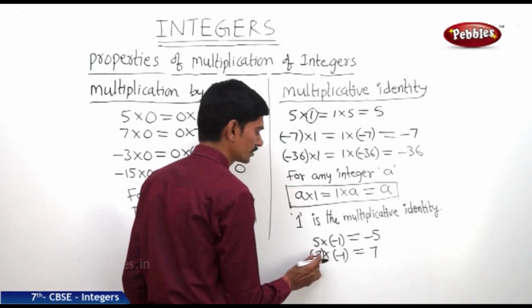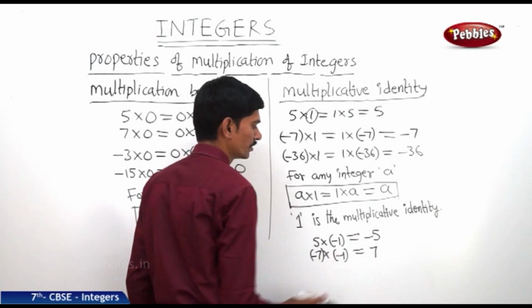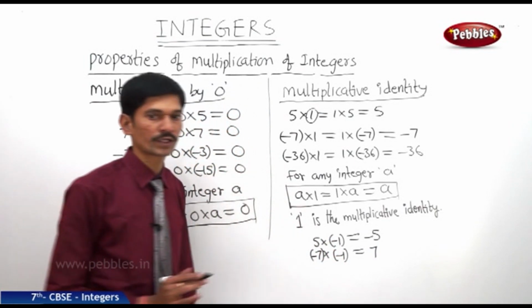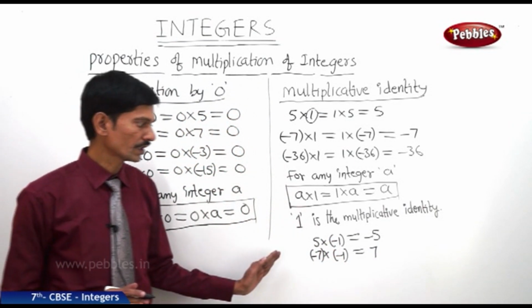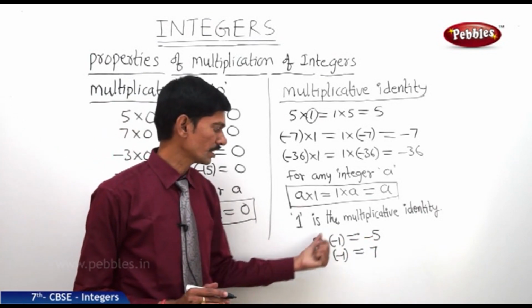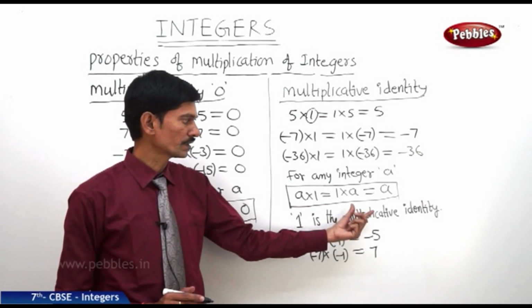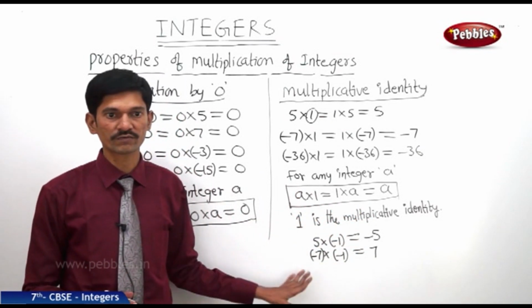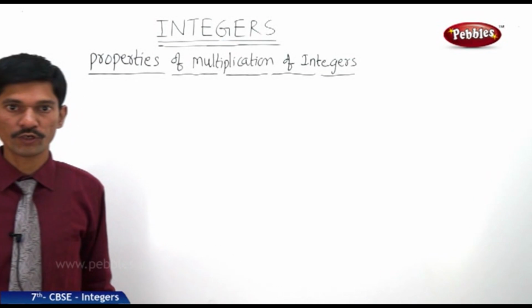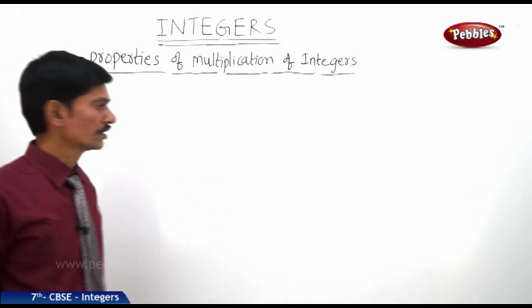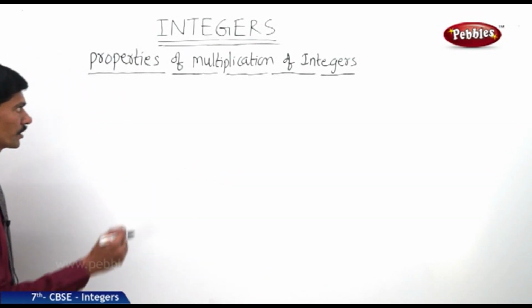So we are not getting the same integer as the product. So here -1 is not the multiplicative identity because we are not getting the same integer itself as the product. That is why 1 is the multiplicative identity for integers but not -1. Now let us see the next property, that is the distributive property of multiplication.